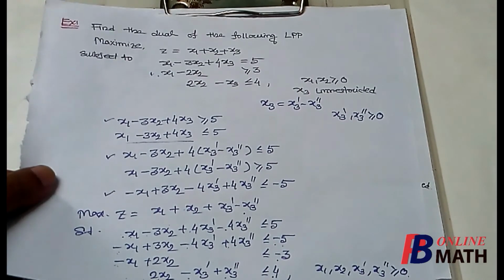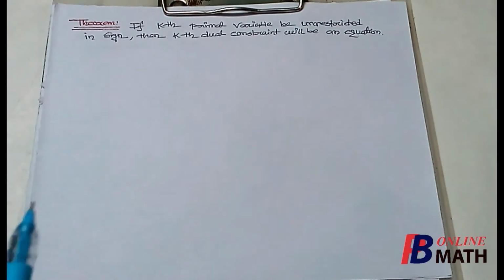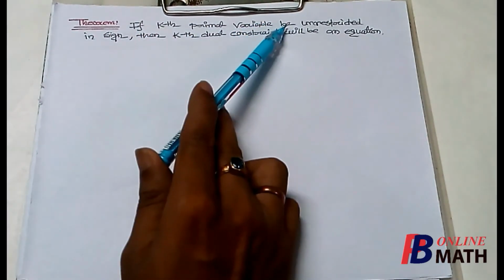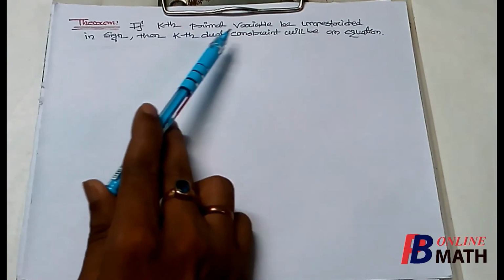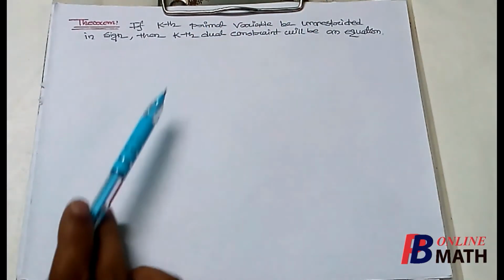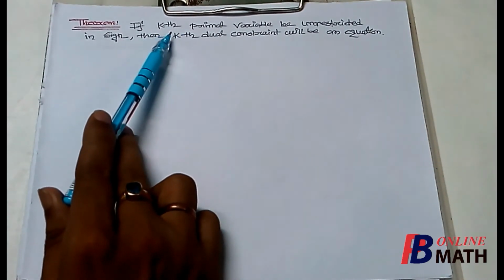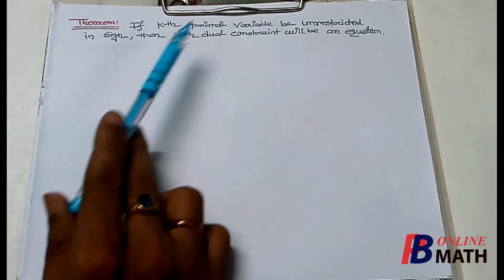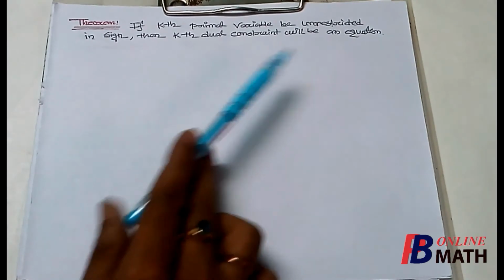Now these results can be summarized as theorems. Now we consider two important theorems without any proof. The first theorem is that if the kth primal variable is unrestricted in sign, then the kth dual constraint will be an equation. That means if we find that in the primal problem the kth primal variable is unrestricted in sign, then the kth dual constraint will be an equation.